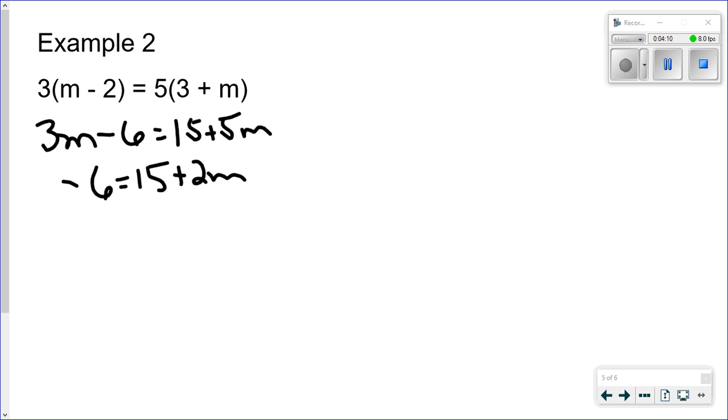Notice, I didn't show how I did it. If you get comfortable with this, you are welcome to after this unit. But for this unit, I want to see all those individual steps.